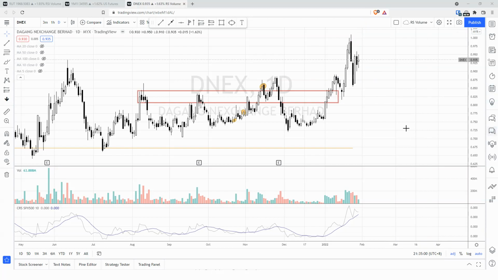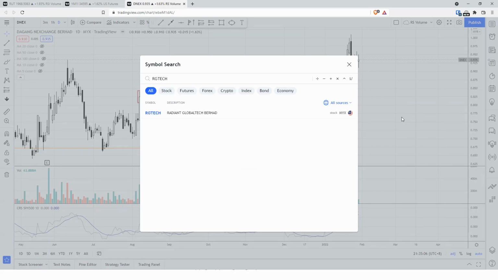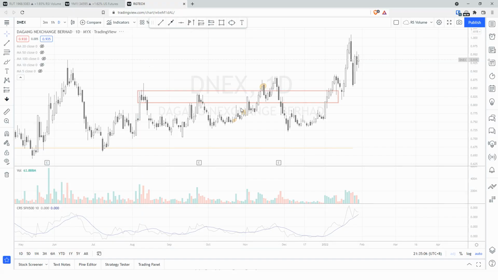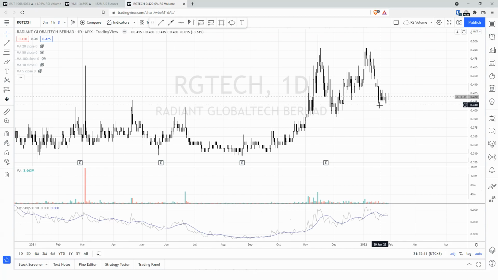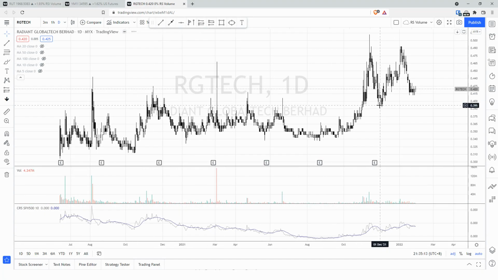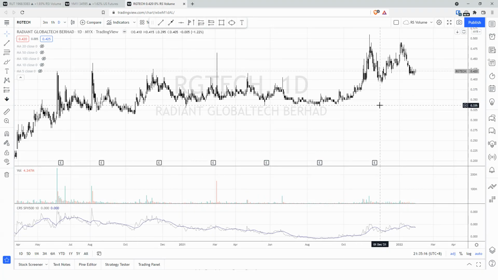Okay, RGTech. All right, so this is RGTech, and I think we probably have a little bit of structure. So let me just draw a few lines.